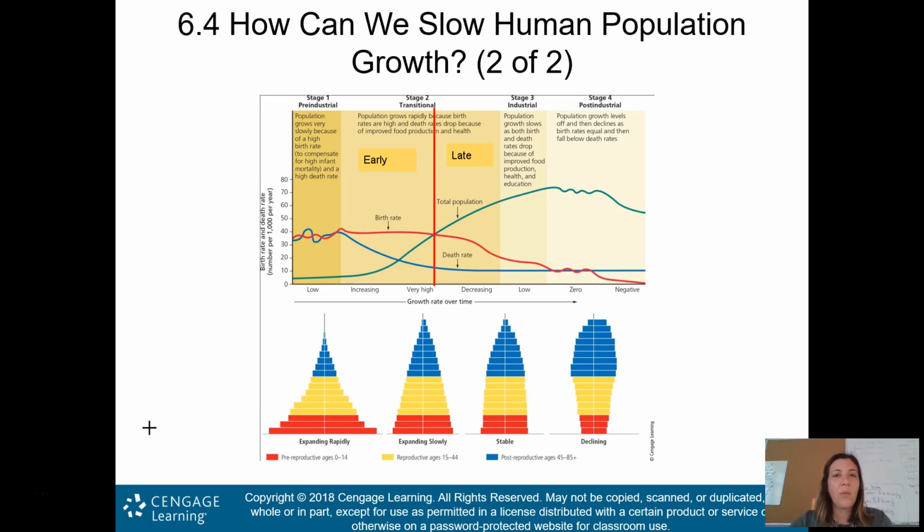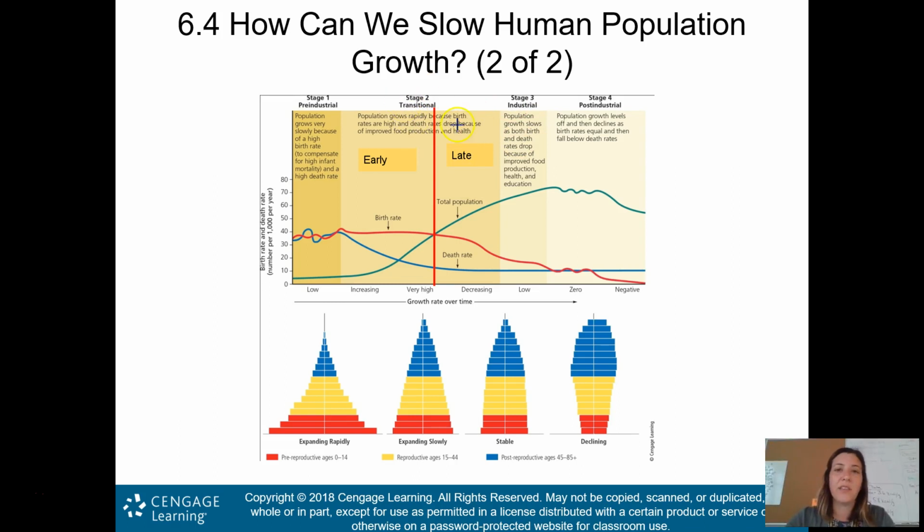Okay, so when we look at this and we think about countries globally and where everyone is, that video that we watched, remember, said that most countries in the world are in stage 2, which would be either early transitional or late transitional.